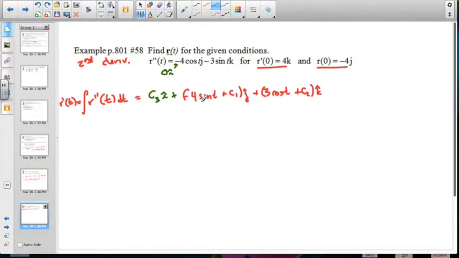So our initial condition is at time t equals 0, we have a k component of 4.